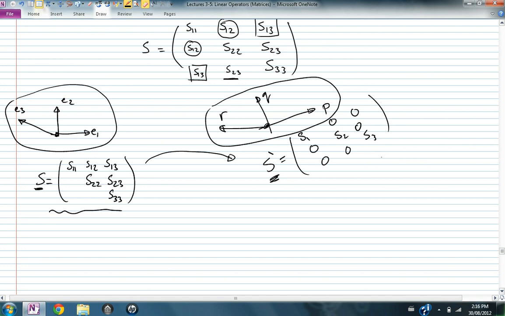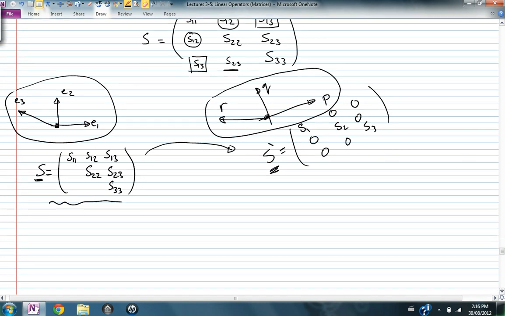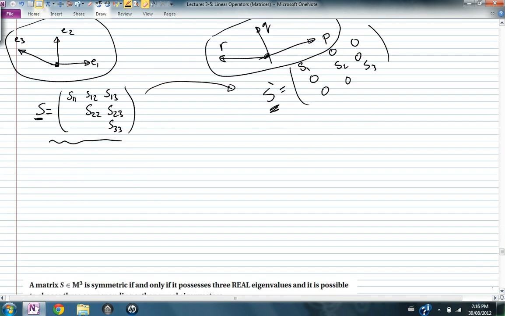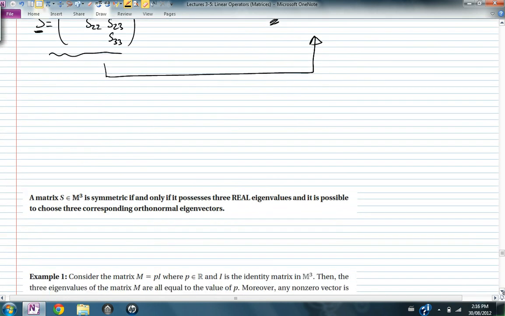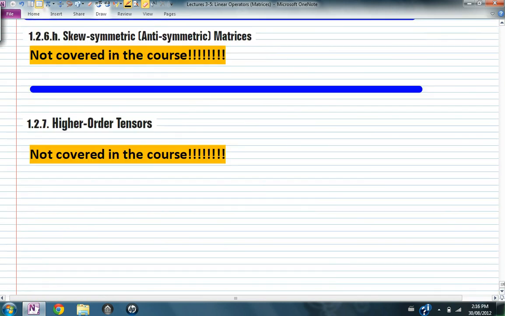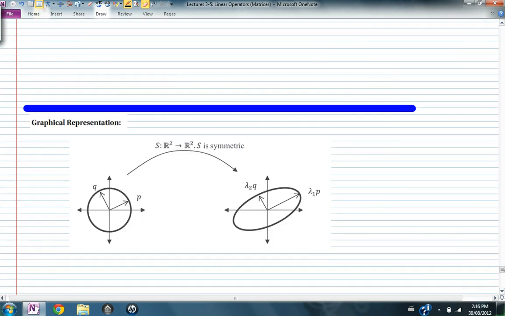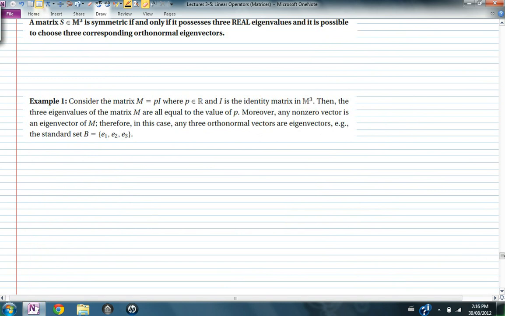So let's try to understand the reason behind this fact. Why is this true? The reason it's true is because of the following statement that you must never forget.